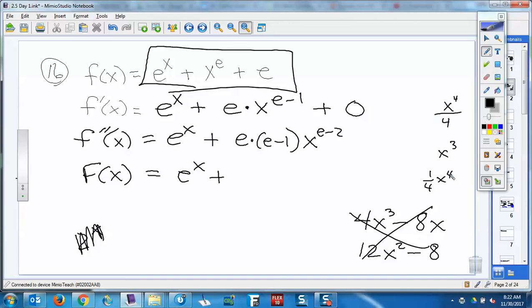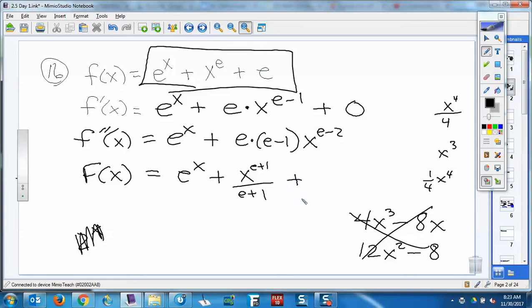That way, when you do the derivative, the 4 comes down, cancels that, and then you get x to the third. So same thing here. We'll raise that up to e plus 1, and we'll divide by e plus 1. Now, I would probably a lot of times want to write that 1 over e plus 1 times x to the e plus 1. Okay, and then what's the antiderivative of e?